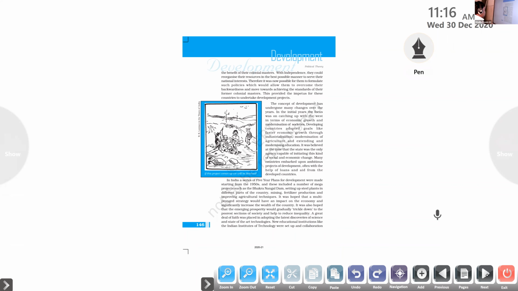Okay. Next page. The benefit of their colonial masters. The colonial rule only created benefit for their motherland. I mean, British rule in India created benefit for Britain. With independence, they could utilize their resources in the best possible manner to serve their national interest. Therefore, it was now possible for them to formulate such policies which would allow them to overcome their backwardness and move towards achieving the standards of their former colonial masters.